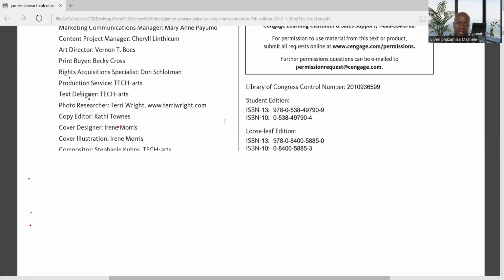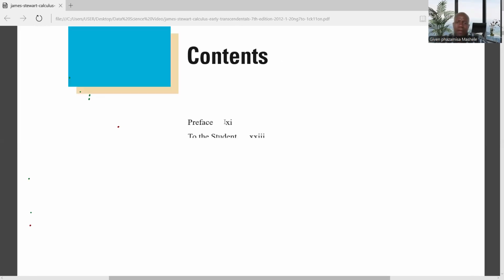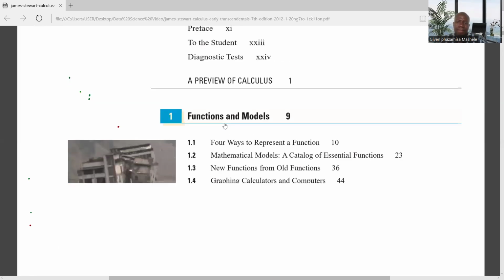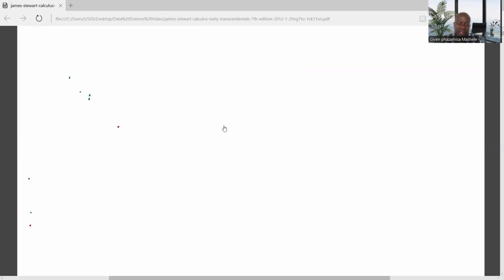Okay, let me just check something. Functions, the issue of functions and models.